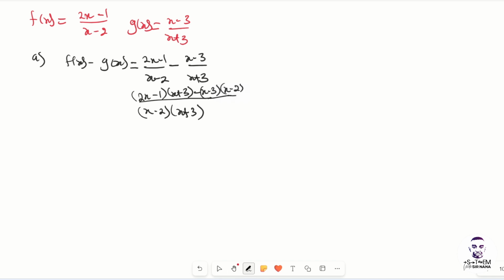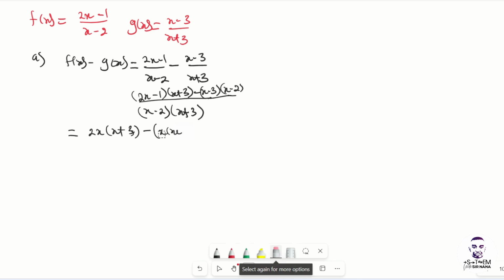Now that we have this, we can write this expression. We want to expand it and write it as 2x plus 3, and then we bring the minus sign. We can bring a bracket, x minus 2. So we have the first term, 2x minus 1, multiplying the second expression here, x plus 3.